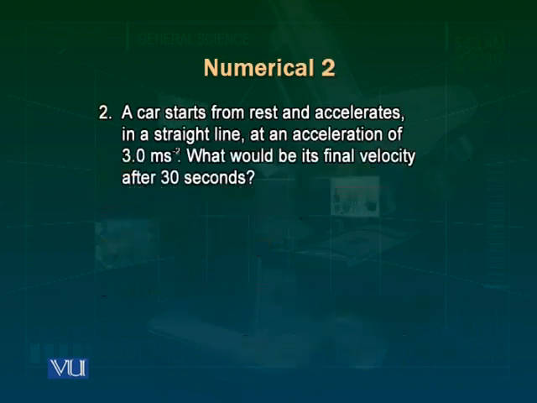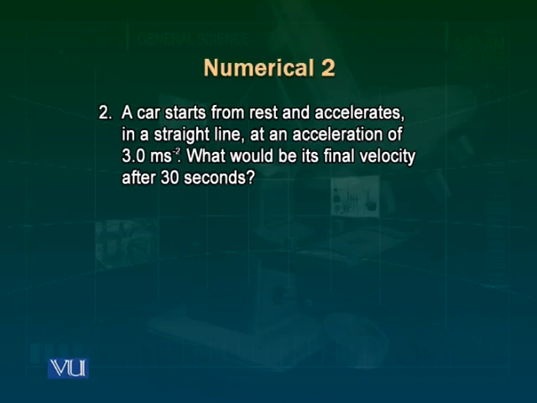The second numerical, which you had to do at home and which we are going to discuss today, is that a car starts from rest. There's a car which is stationary, and it accelerates in a straight line. The acceleration is 3 meters per second squared, and we have to find what speed or velocity it has attained after 30 seconds.